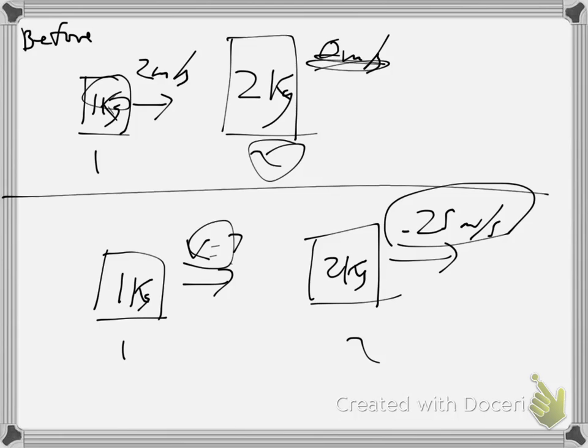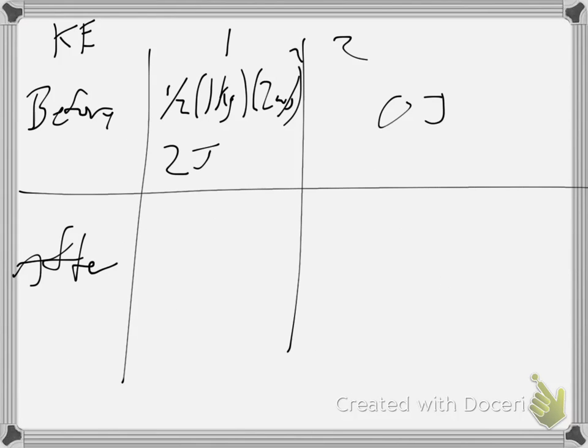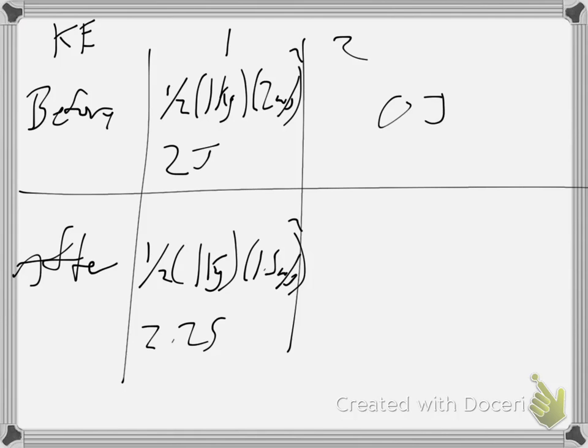Alright, let's look at our after. Afterwards, object 1 is now moving at 1.5 meters per second. So we have 1/2 times 1 kilogram times 1.5 meters per second squared. That I actually have to put in the calculator. Which is going to be 2.25 joules.